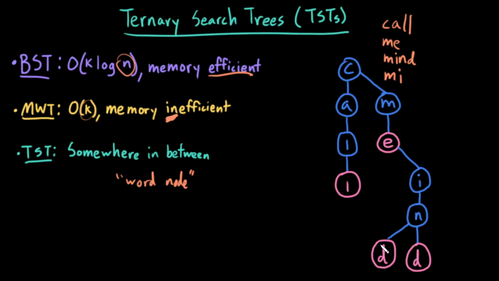I go left, which means I do not use N. I can only use a letter if I go down or if it's a word node and I choose to stop. But I went left, so I don't get to use N. So I go left. I'm at D. Because this is a word node, I have the choice of stopping. I don't have any children here, so I might as well stop. So I'll just stop, which means I have to use it. So this TST has these 4 words in it.